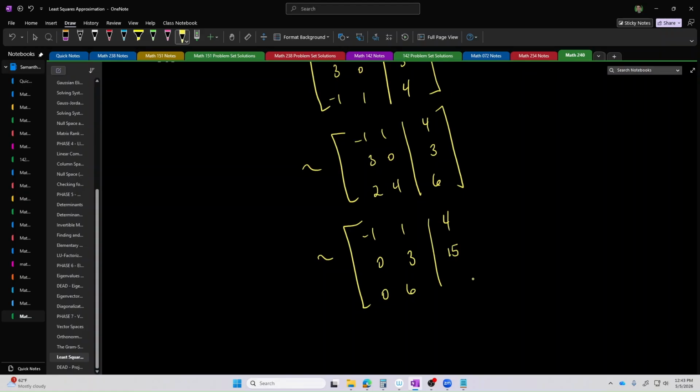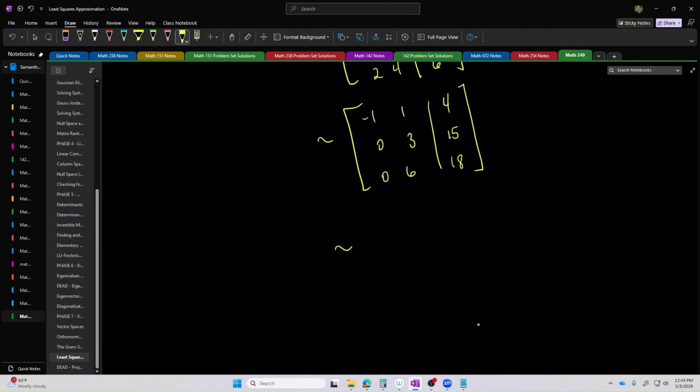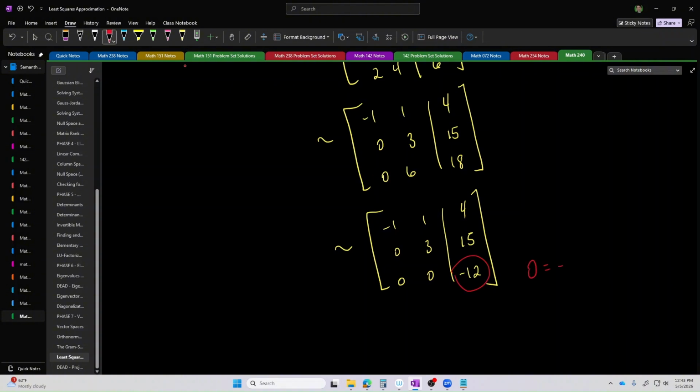And then I could eliminate this value underneath the 3 here. If I, for example, add negative 2 copies of the second row into the third row, that will eliminate that 6, but then it's going to turn this final value into a negative 12. Because we've ended up with a pivot in the outputs column, because we've ended up with an equation that's essentially saying I need 0 to equal negative 12, this is impossible.